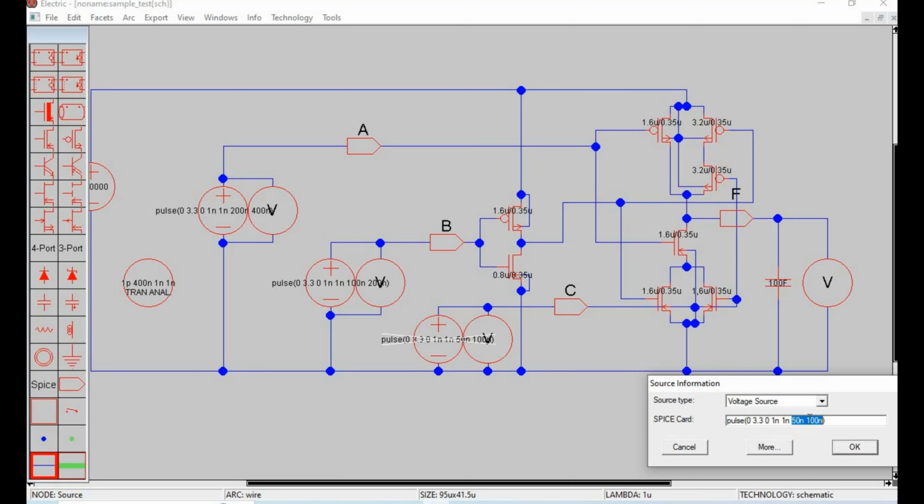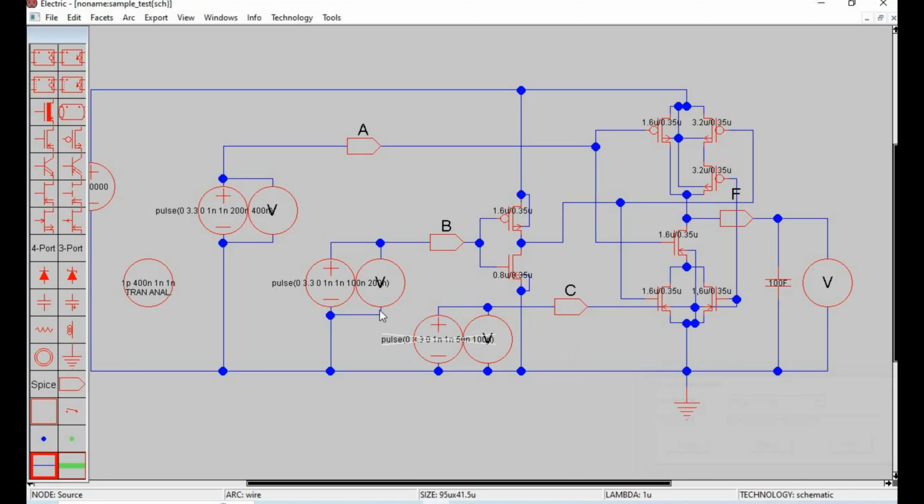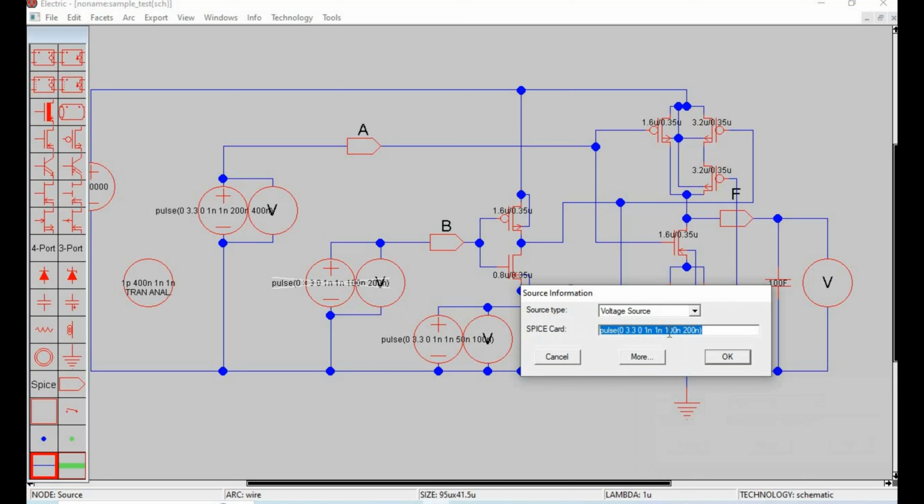So for B, that is 100, 200, and for A, that would be 200 and 400.